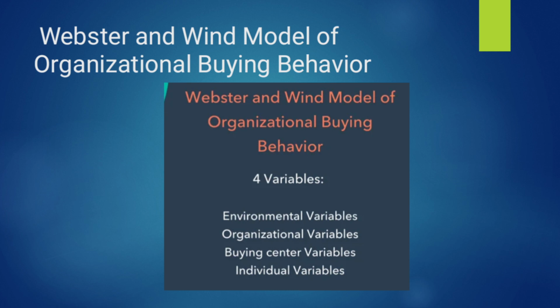Individual variables are the demographic and psychographic information of the individual prospect at the business. Buying center variables cover who makes the final purchase decision, who has the authority to sign the contract, and who influences the buying process.